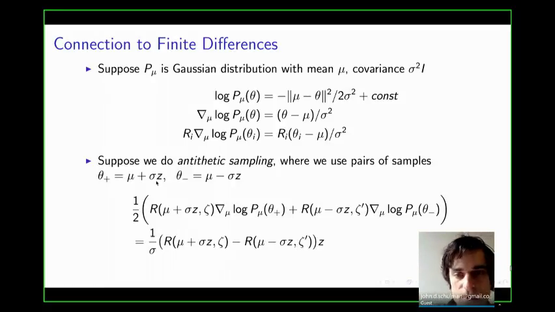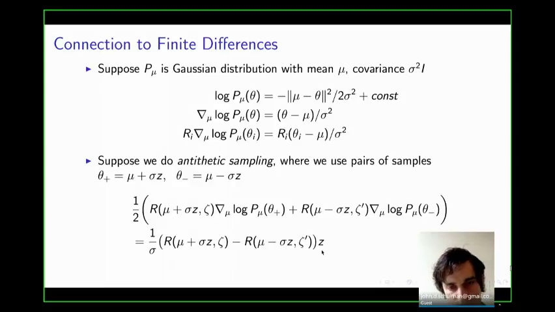So anyway, what we're going to do here is write down the score function gradient estimator, but where you use antithetic sampling. So you get two samples at a time. Writing an average for two samples, we have the return at one sample minus the return at the other sample, times our Z, which is our noise, which is just normal 0, 1.